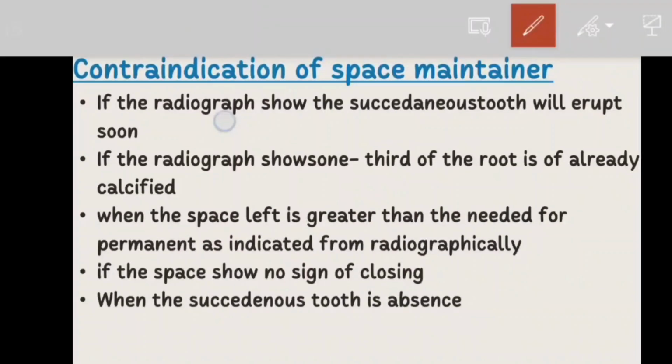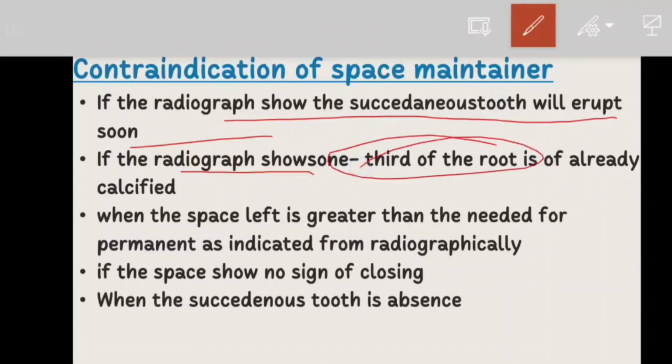Now we see the contraindications of the space maintainer. When should we not use a space maintainer? If the radiograph shows the succedaneous tooth will erupt soon, there is no need to place the appliance because the tooth will erupt naturally. If the radiograph shows one third of the root is already calcified, the permanent tooth eruption is near.